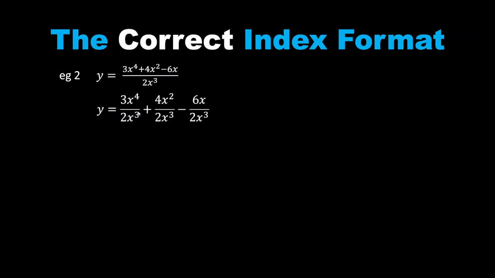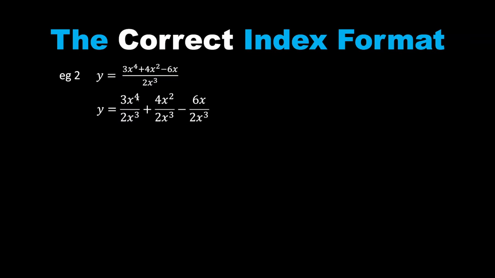However, each of those terms are fractional terms, so let's simplify those fractions. In these fractions, we've got numbers and we've got variables. Now the numbers can be divided, and I can write that simply as the fraction 3 over 2. But the variables, as they have the same base and they're being divided, we can use laws of indices.